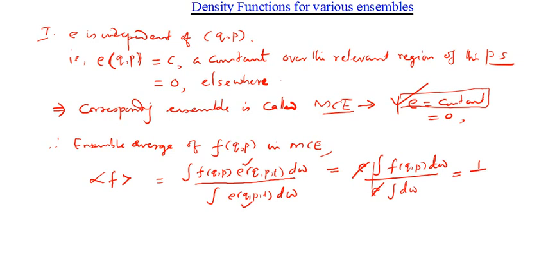So it is equal to 1 by omega, where omega is the accessible or relevant region of the phase space, times the integral of f(q,p) d omega. That is the way the ensemble average of a physical quantity f(q,p) is modified in the case of a microcanonical ensemble. So that we have to keep in mind.